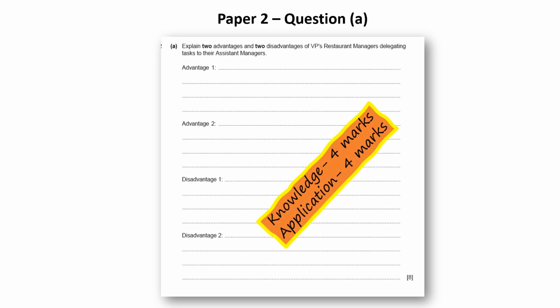The business terminology here is delegation. You will have to provide two advantages and two disadvantages. And the skills being assessed are knowledge and application only. 4 marks for knowledge and 4 marks for application.